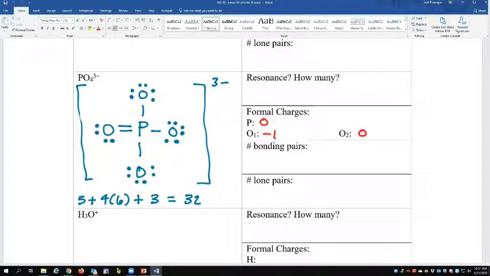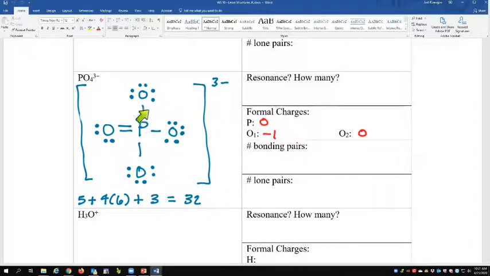So in molecular geometry, the double bond would count as 1 electron group, for something like this, it would be 2 bonding pairs, right? Yeah, so number of bonding pairs on this worksheet, that would be 2 bonding pairs. And then here's a bonding pair, and here's a bonding pair, and here's a bonding pair.